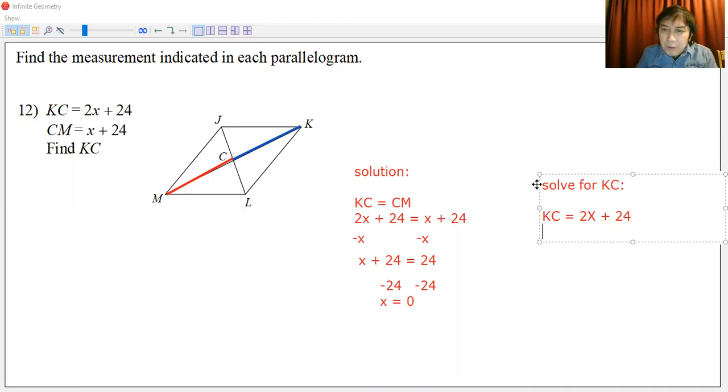Now our x is 0, so this is 2 times 0 plus 24, which will give us 0 plus 24. KC is 24. This is 24 units, and this is our final answer.